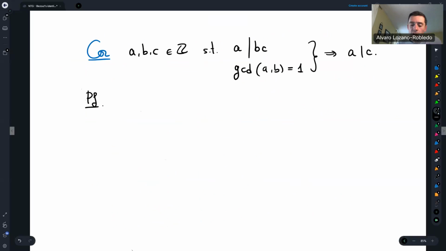Okay, so how are we going to use Bezout? Bezout's identity comes in handy because there is a GCD in the assumptions.